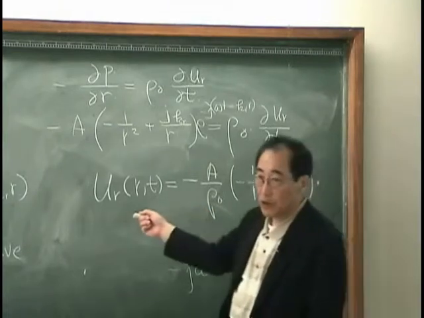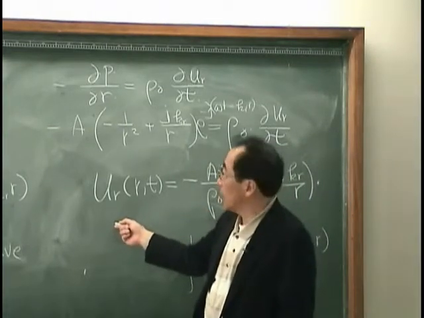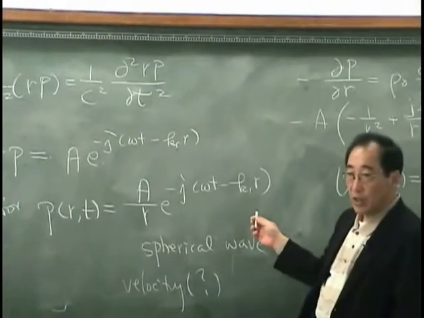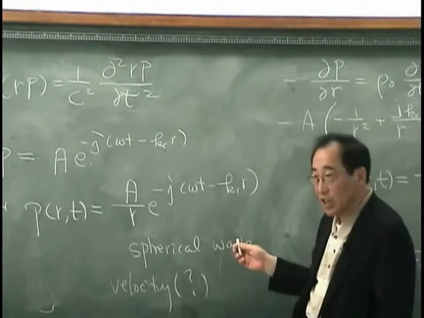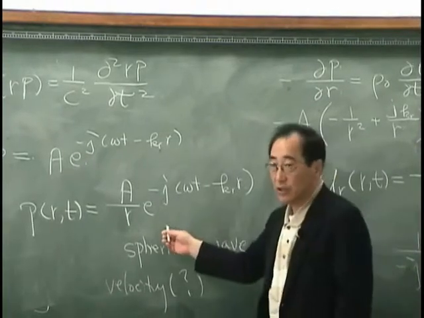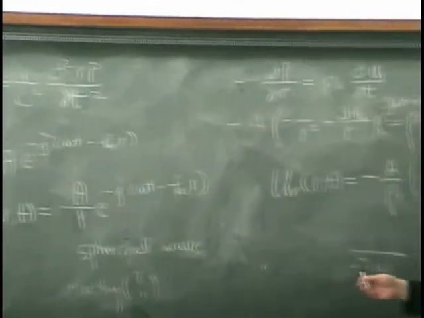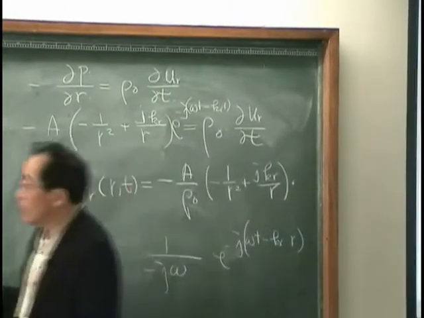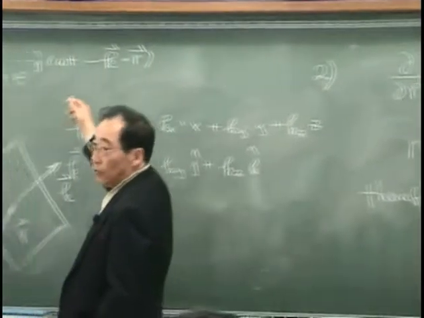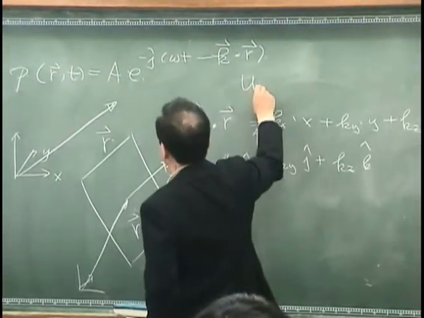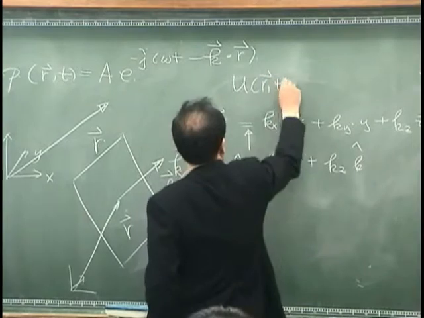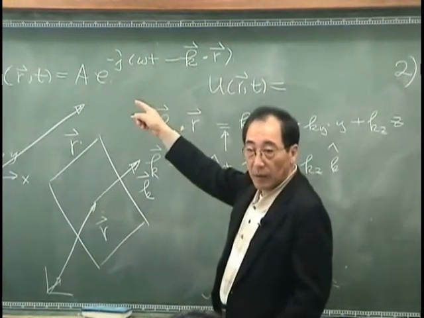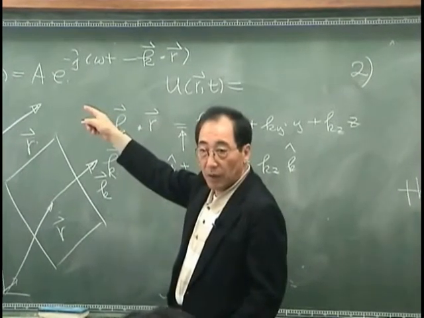So I have the velocity. And when I look at this velocity and this pressure, the first thing I can immediately see is that this pressure and this velocity are no longer in phase. Right? For a plane wave, the velocity, if I calculate, would be what?